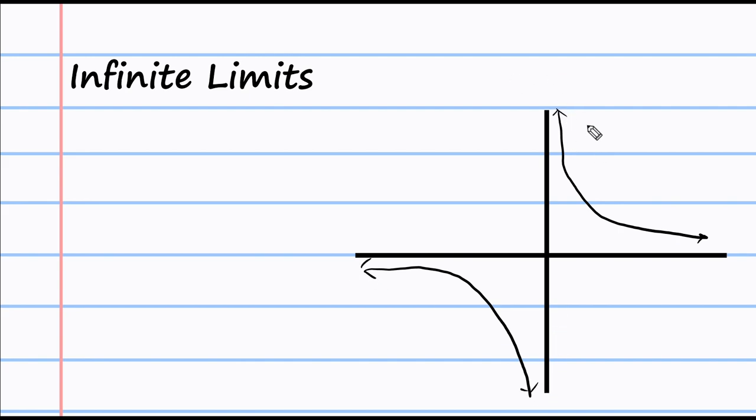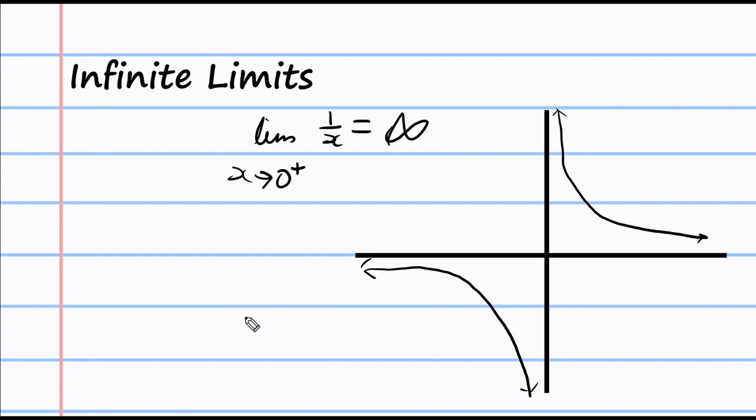So if you wanted to describe the limit as x approaches 0 from the right-hand side, we would write limit as x approaches 0 from the right-hand side of 1 over x equals, well, you see that this function is going all the way up to infinity. So you would say that the limit is positive infinity.